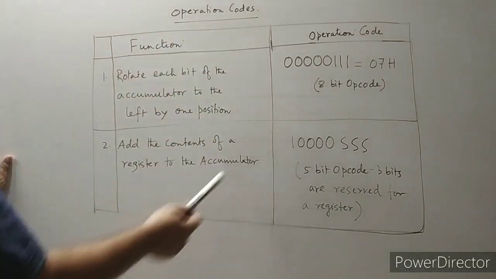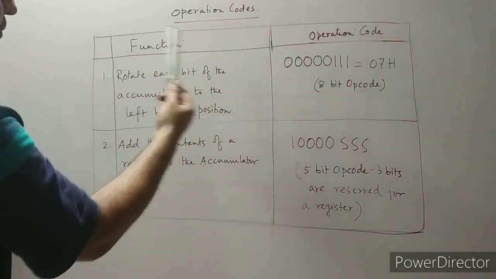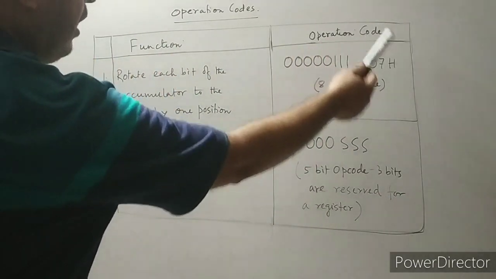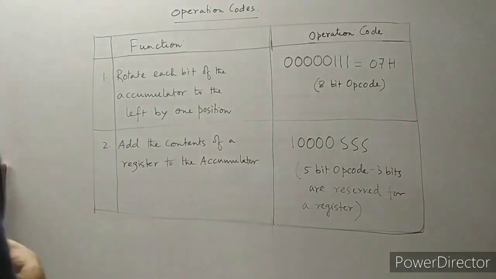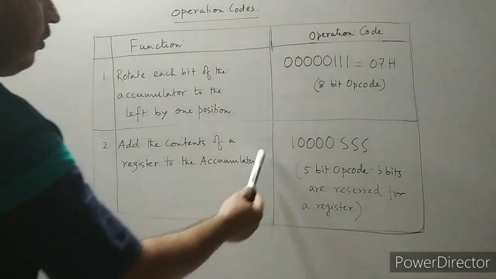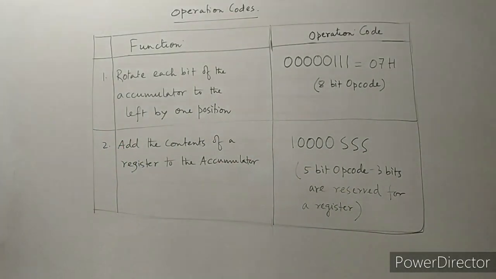So we have two functions. The first function is to rotate each bit of the accumulator to the left by one position, and we get the operation code like this. For the second function, add the contents of a register to the accumulator, the operation code will look like this. Remember one thing: for the second operation code, 10000SSS, the first 5 bits are the opcode and the last 3 bits are reserved for a register.